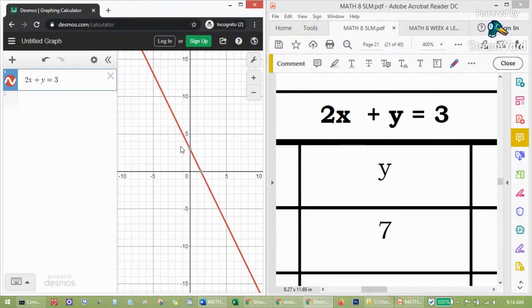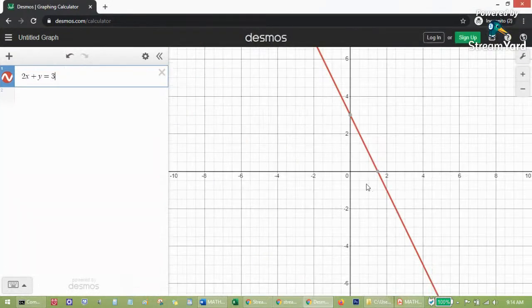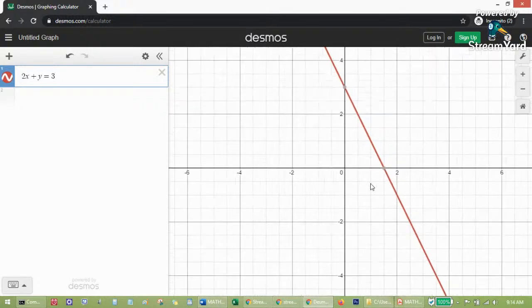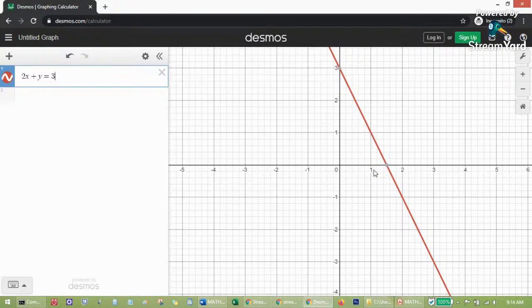So, lalabas yung graph niya. No? So, pag zoom natin to, nakalagay dito is 2, 4, 6, 8. Pero pag zoom natin to, lalabas na yung 1, 2, 3, 4, 5. Okay?